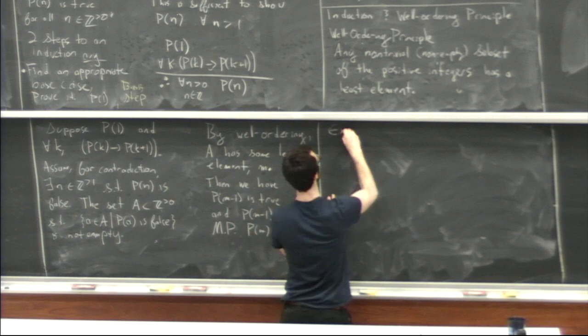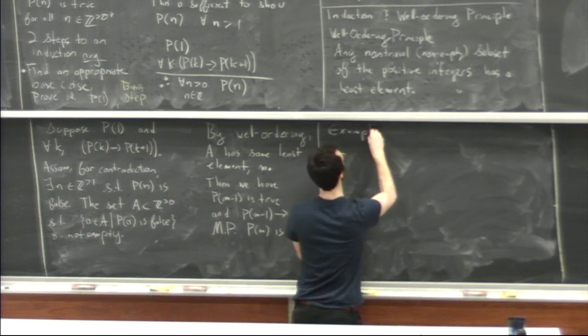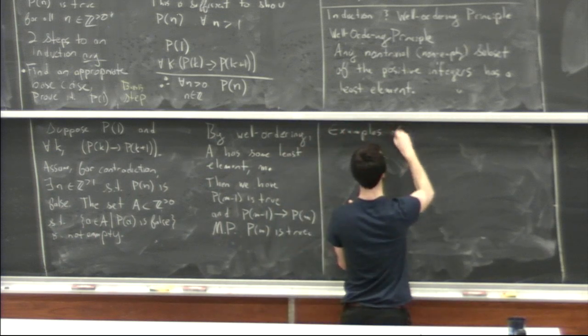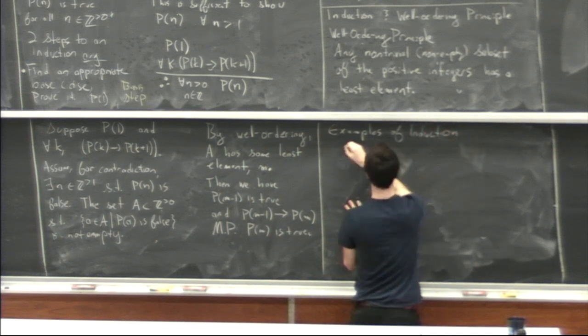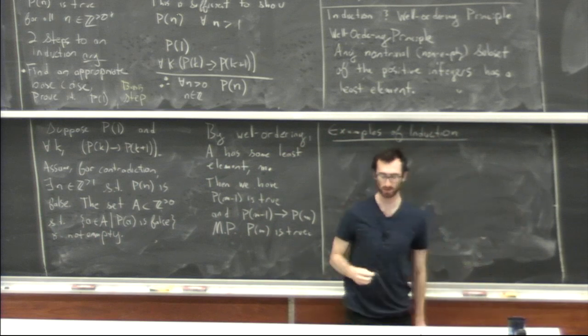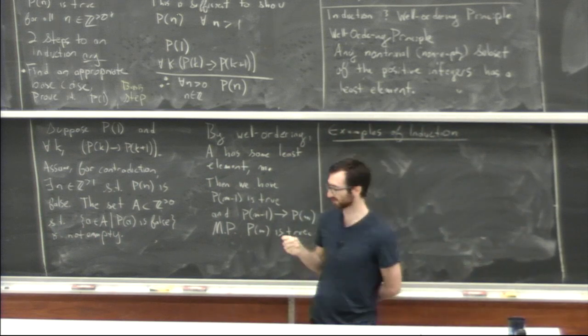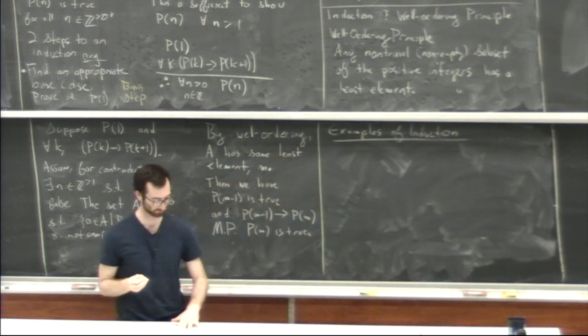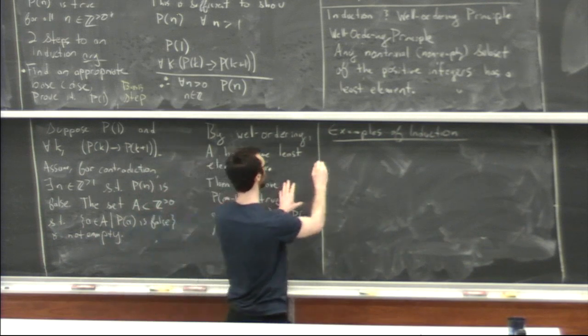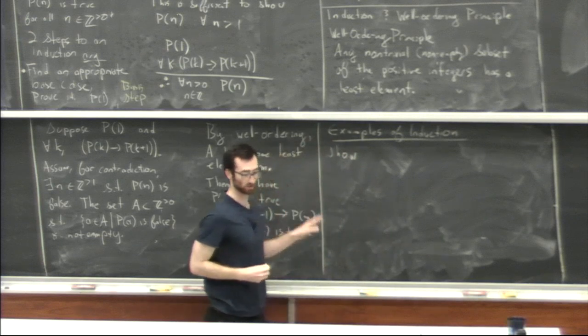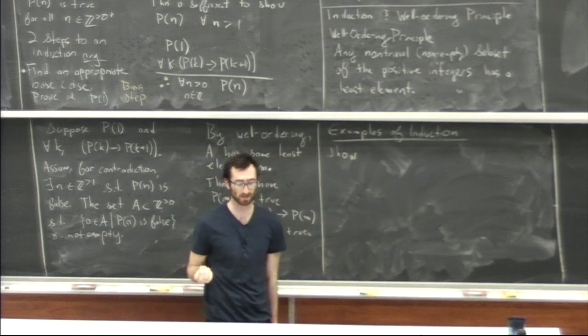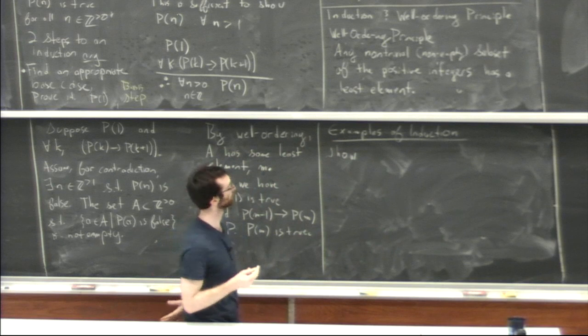Examples of induction. The first statement that I want to prove is the following. Show that the sum of the first n integers is equal to n times n plus 1 over 2.